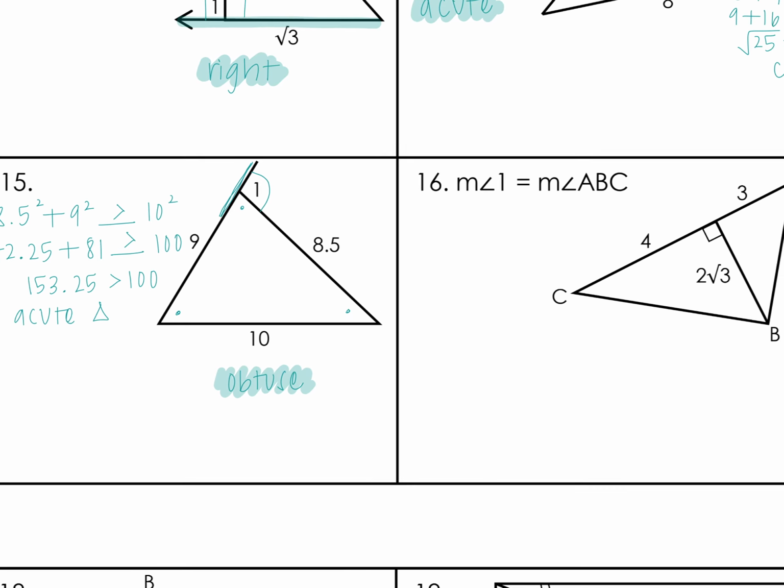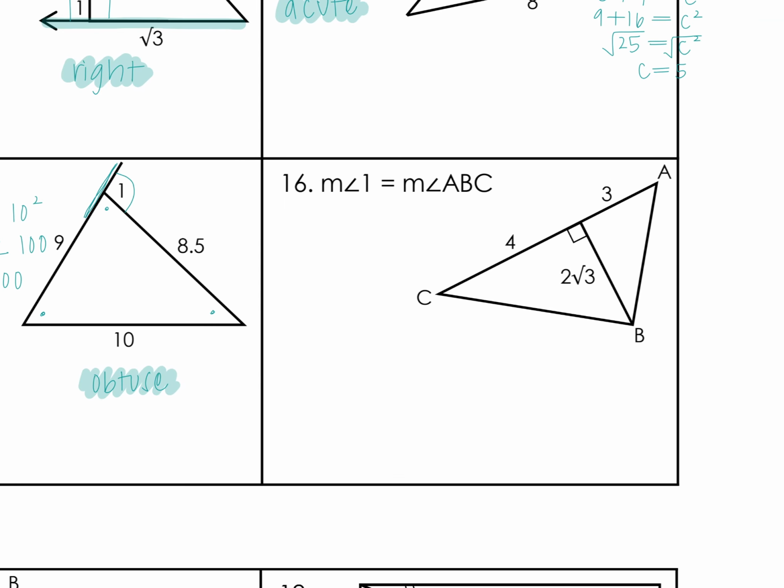Okay, and then moving on to number 16, the last one for this front side. So the measure of angle 1 is going to be this angle here. Okay, and so in order for us to determine what that angle measure is, we need to know these two sides here.